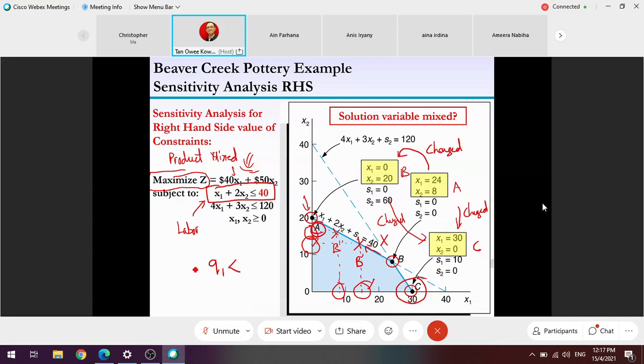Q1, representing the sensitivity range for constraint 1.